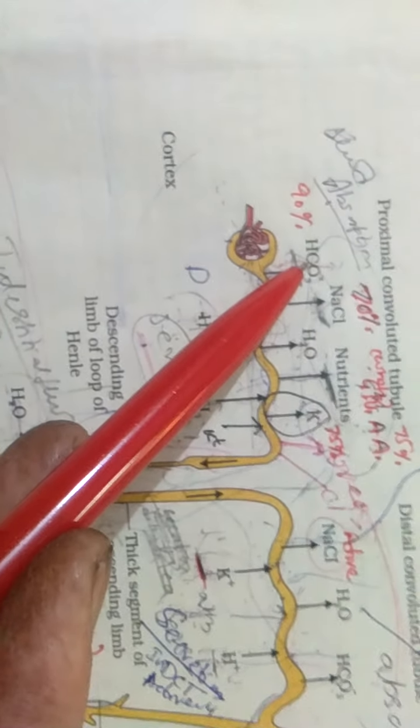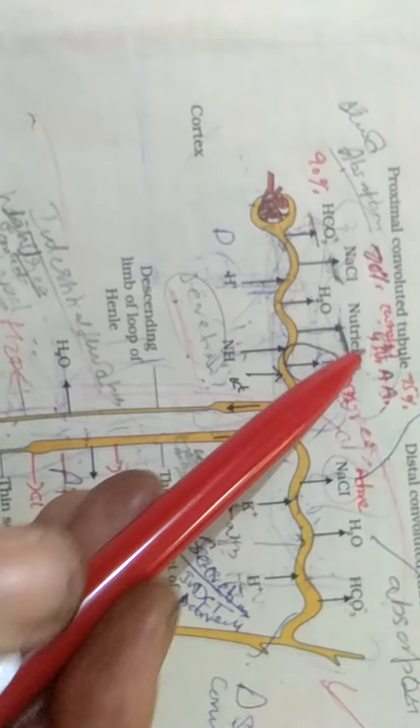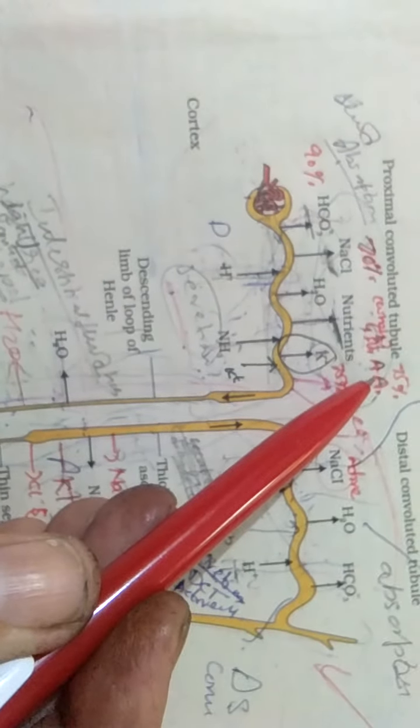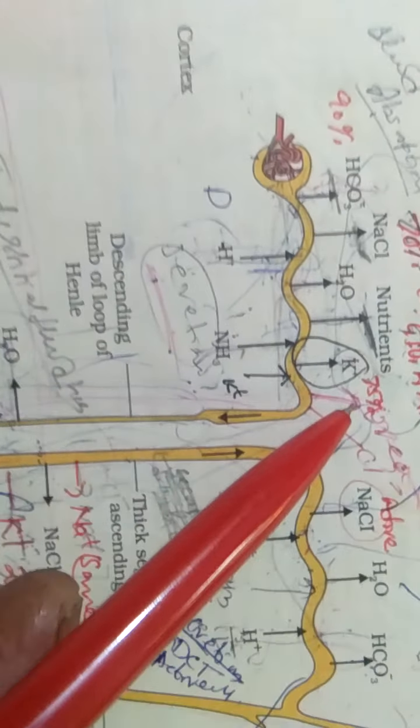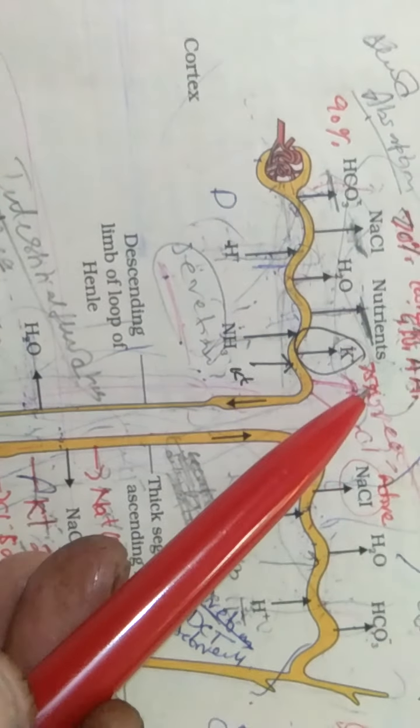This is the function of the PCT, and here it is written that through the PCT 90% of bicarbonate ions are absorbed, 70% of sodium, almost all of the glucose, which is a nutrient, and 75% of amino acids. Similarly, 75% of the potassium ions are absorbed.